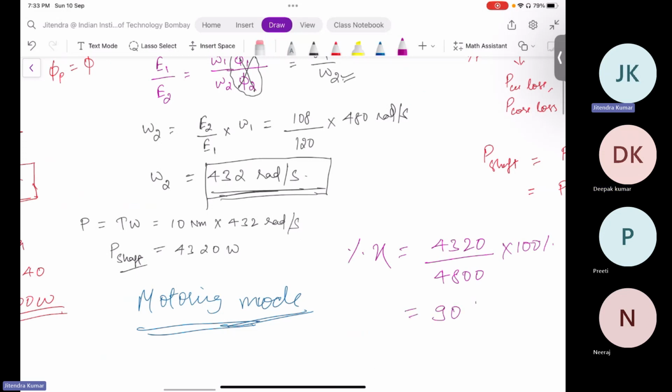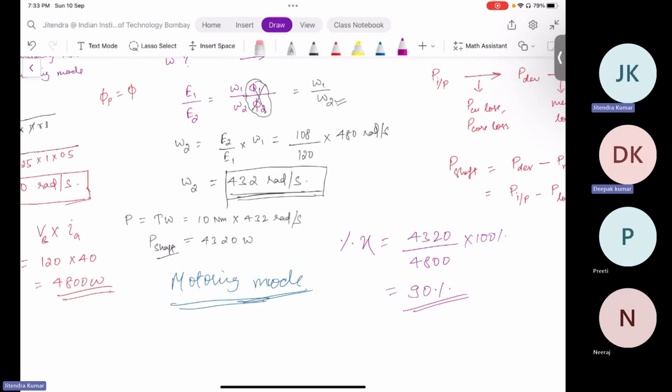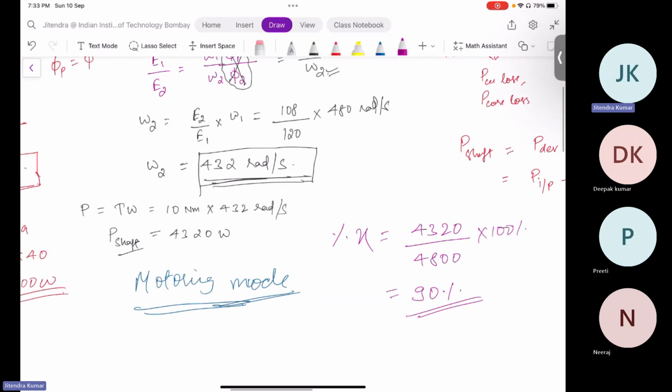It is 90% efficiency, which is very good for this power rating. Practically, you won't get that much efficiency if you design it, but it is a very good number. For this kind of power efficiency, you will require a very strong magnetic field or a very strong permanent magnet.